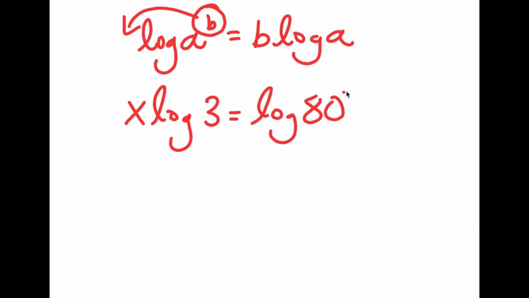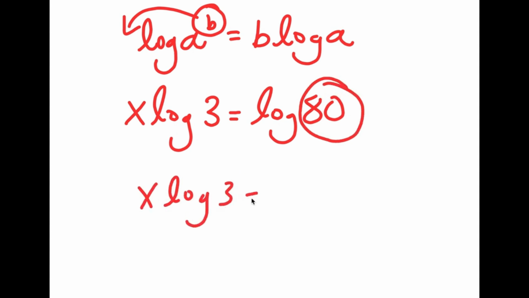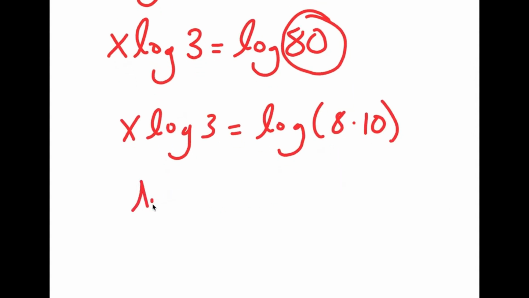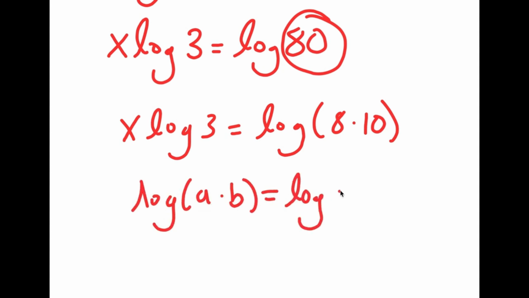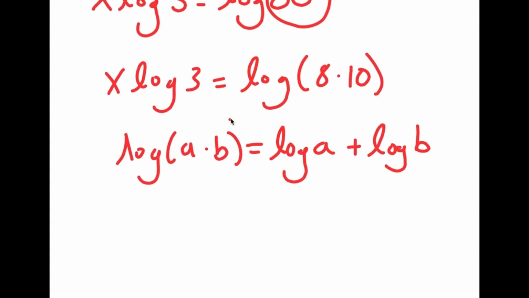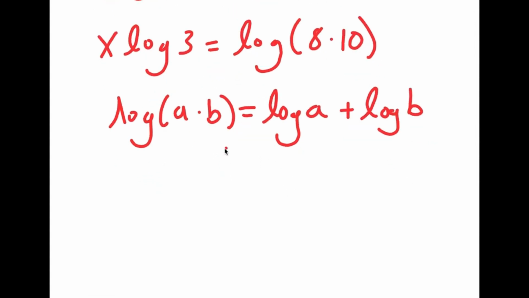Now from here, I'm going to rewrite 80 as 8 times 10. And if I have something in the form log a times b, this is equal to log a plus log b. And this is another one of the logarithmic properties.